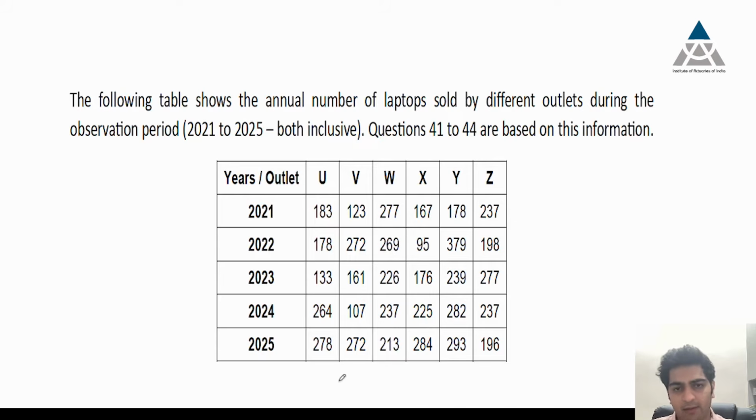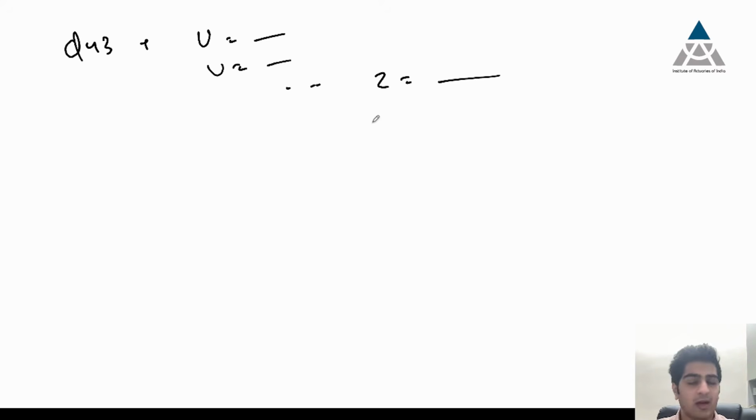So you'll add all the sales for U, then V, W, X, Y and Z. Okay. So do that, like just have U is something, V is something and so on till Z is something. This will be the total of all the 5-year sales.